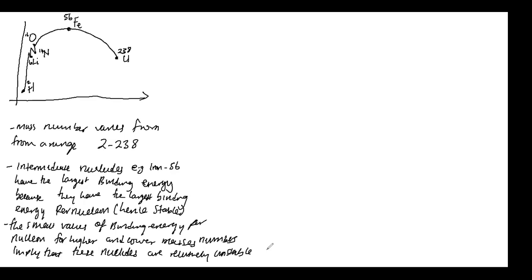Okay. Then for those nuclides we are talking about with small masses and higher masses, which have a small value of binding energy per nucleon, their potential source of energy are reactions which involve disintegrations. And remember the reactions we have talked about, fission and fusion.